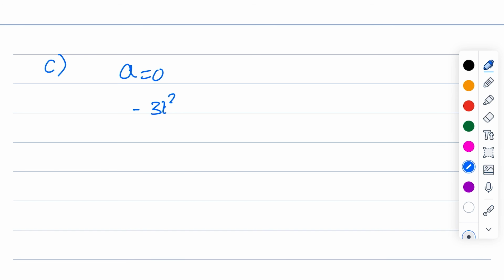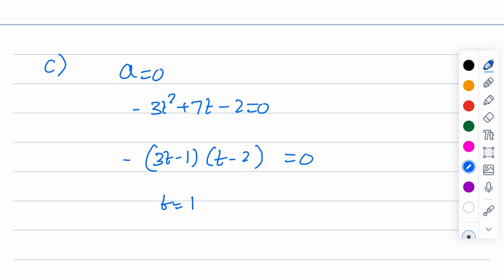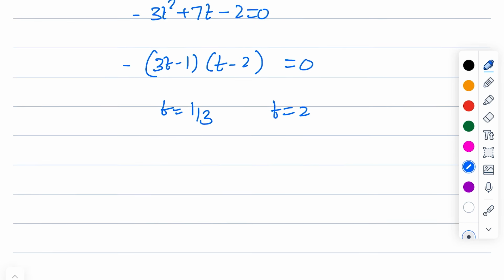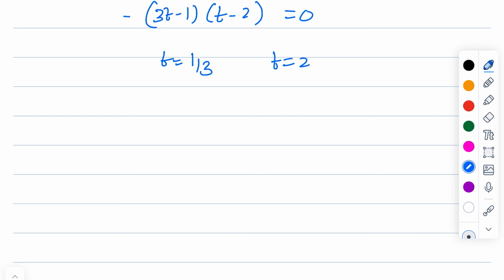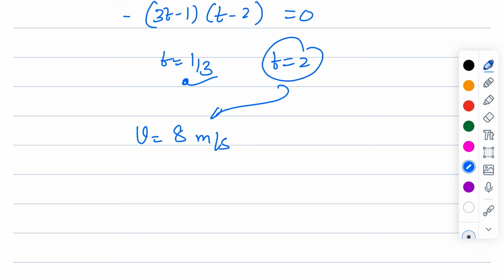So minus 3t square plus 7t minus 2 equals 0. Factorize it: (3t minus 1)(t minus 2) equals 0. t equals 1 upon 3 or t equals 2. Substitute these values. The greatest speed you will get is 8 meters per second. 2 is the largest positive value, and 1 upon 3 is the smallest positive value, so I can substitute the largest positive value.